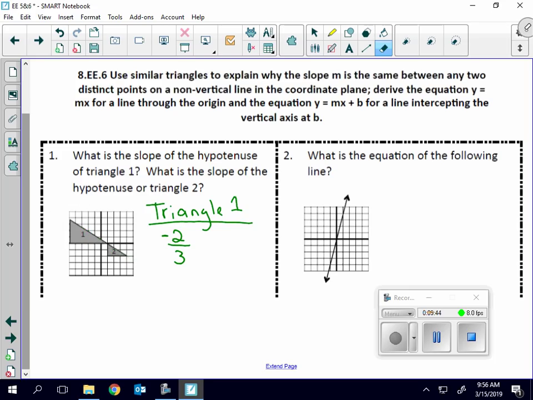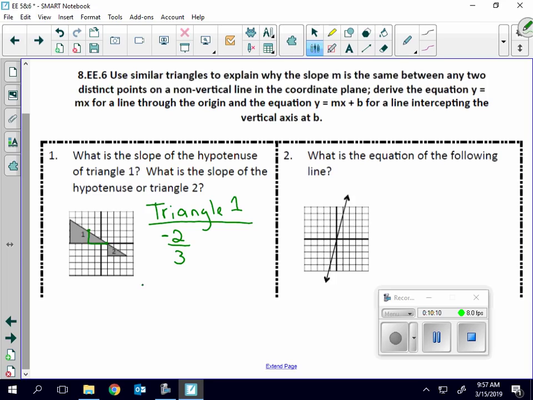So from here to here, we go down 2 and right 3, giving us the negative 2/3 slope.